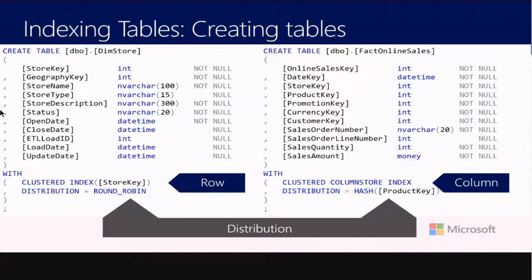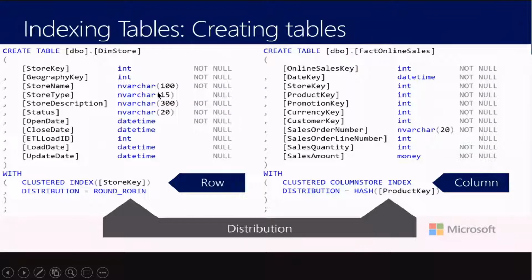The store key will be a primary key, but the store name may be duplicate. Suppose for 1,000 store keys, the store name is the same. In a row store format, we will have all 1,000 entries, because the store key is a primary, unique key.